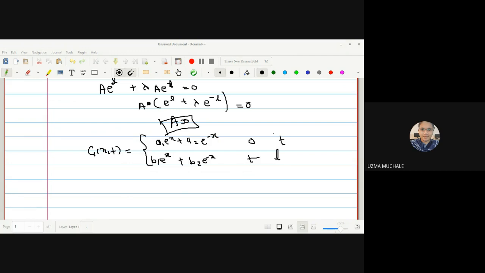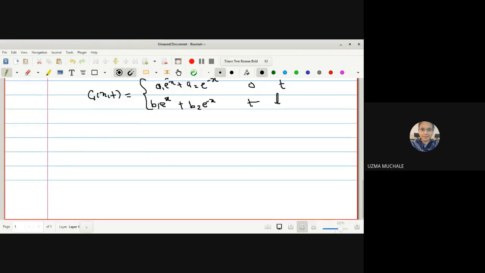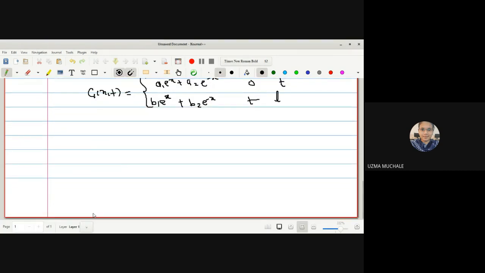Now we have to find out the values of a1, a2, b1, b2. Again we have to follow the same procedure. What is the procedure? As it is simply y double dash, g of x,t is continuous at x equal to t.